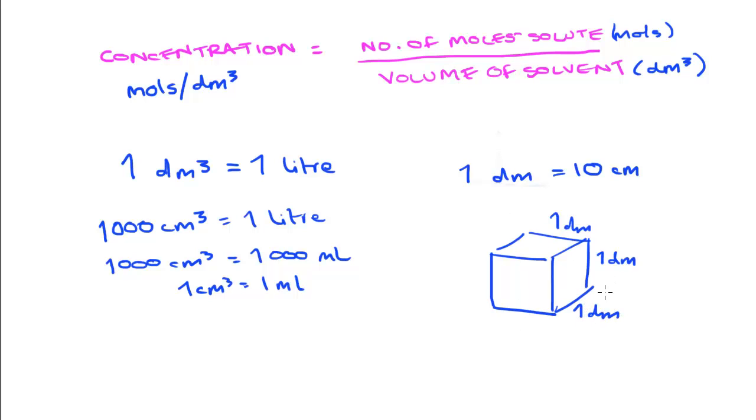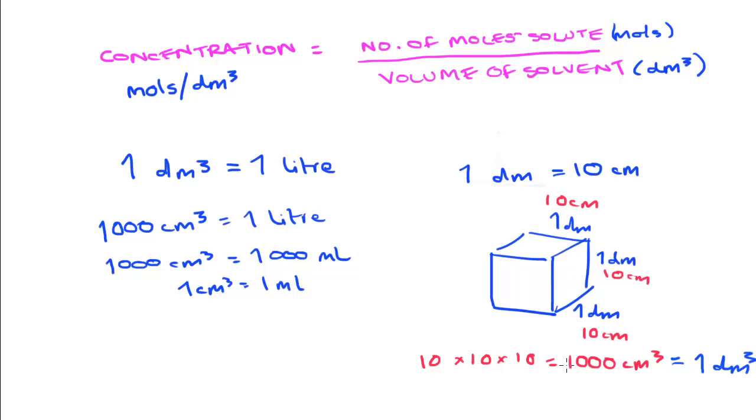So the length times the breadth times height gives me 1 decimeter cubed, but it's the same as saying 10 centimeters by 10 centimeters by 10 centimeters. 10 times 10 times 10 equals 1,000 centimeters cubed, and we're saying that equals 1 decimeter cubed. See? So 1 decimeter cubed equals 1 liter.